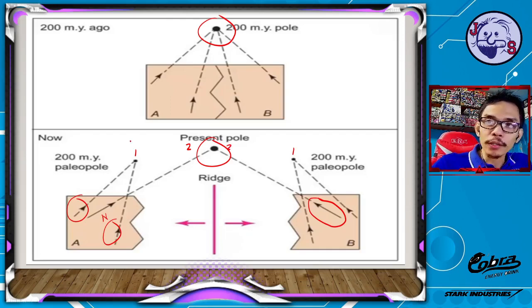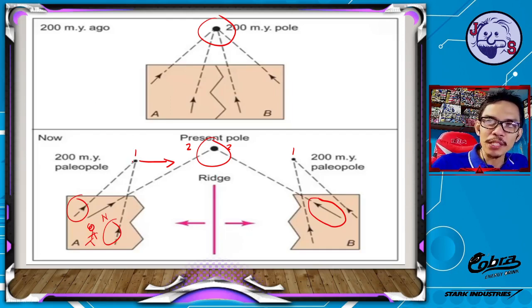So you will have the notion that the pole is the one moving, because originally this is the original position of the pole, and presently this is the position of your North Pole. But it is still the same North Pole. It is only the land where you are standing that is moving, not the pole itself.